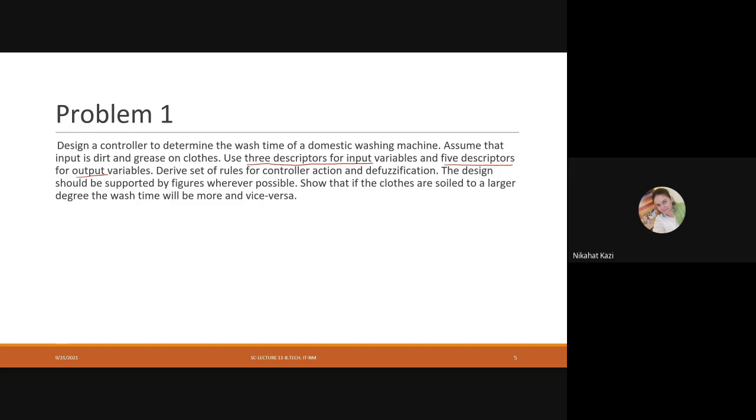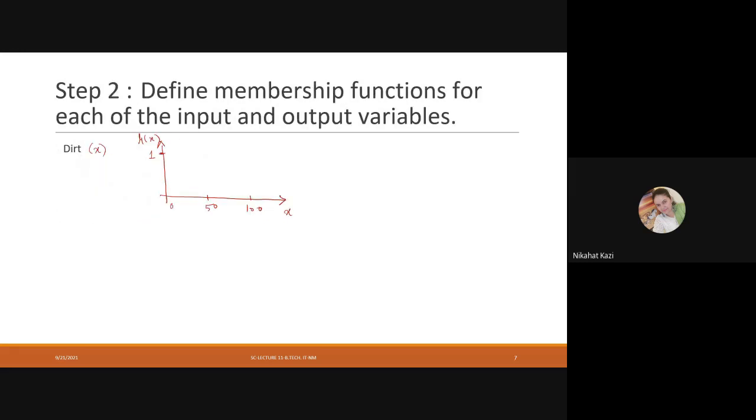Now there are so many membership functions, but when we go for problem solving, we should go for the triangular membership functions, the straight line ones: triangular, increasing, decreasing. What else? Trapezoid, you can go for trapezoid as well. Go for the straight line ones, so that makes it easier to solve the problem, and that is what is expected when you're solving the problem as part of the exam.